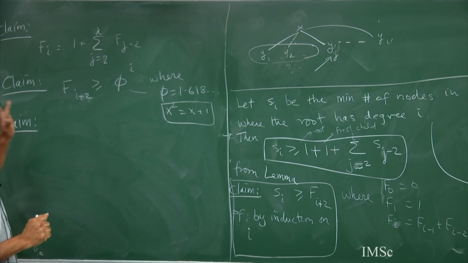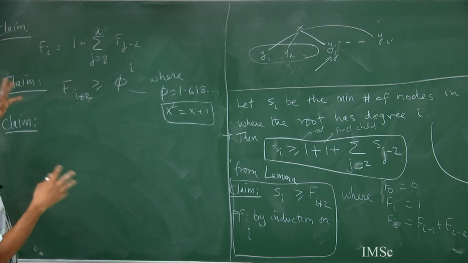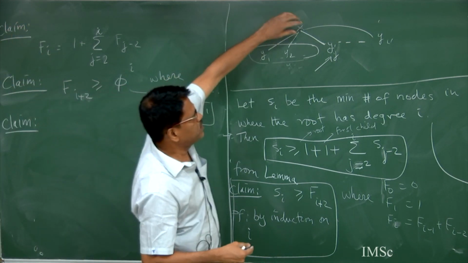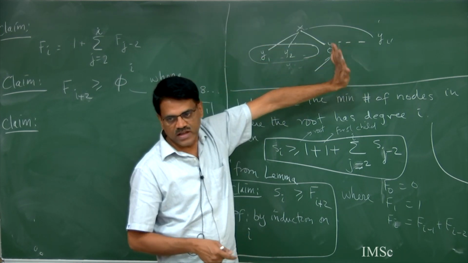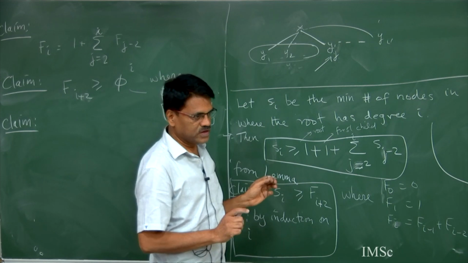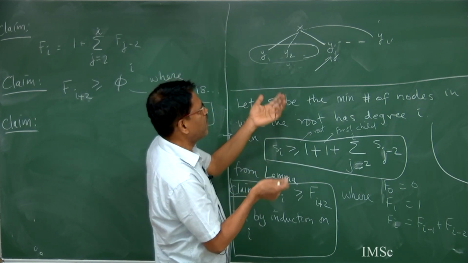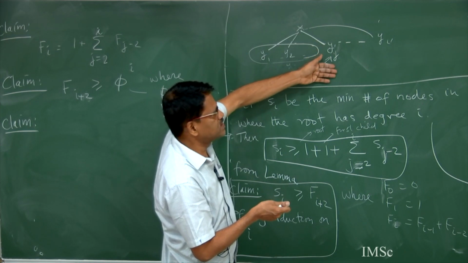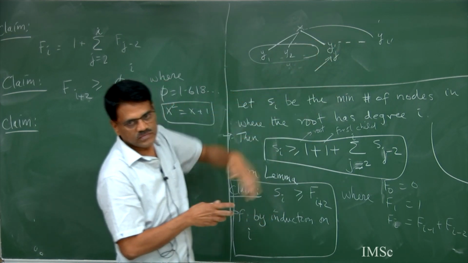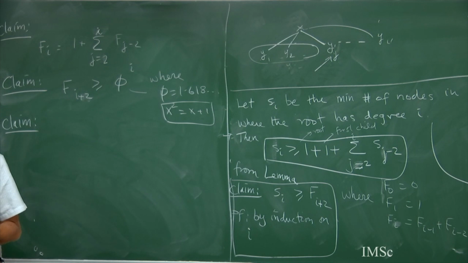All we needed was that one little lemma which said that if you have somebody with large degree, then its children also have large degree. That is all we used, where large is quantified by, if this is I, then the jth guy has degree at least j minus 2, and that is achieved because of the way we were cutting things carefully in the decrease Q operation.